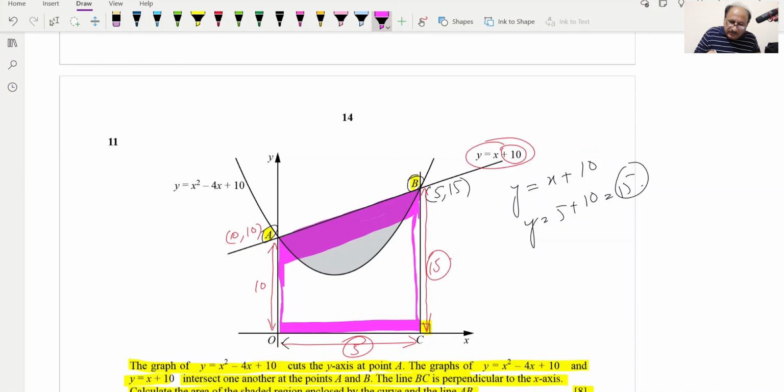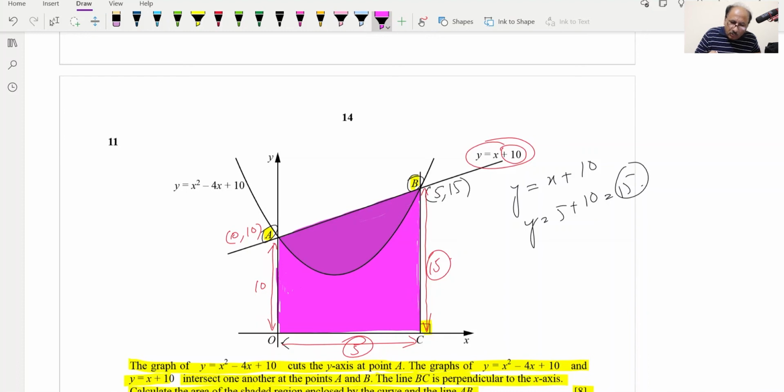Our strategy is, we will find area of this whole trapezium, and then we will be finding the area under the curve, which is y is equal to x square minus 4x plus 10, and then we will subtract the area which we got under the curve from the trapezium area.